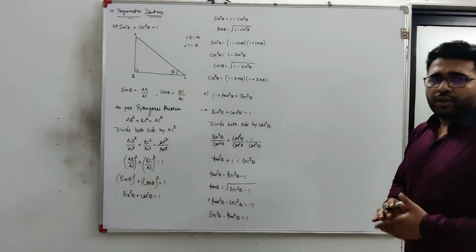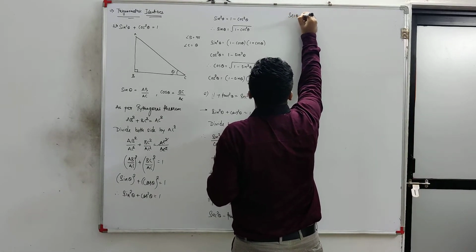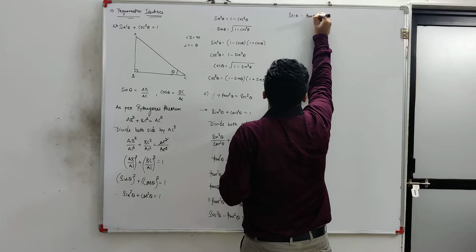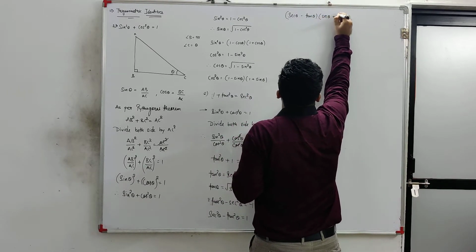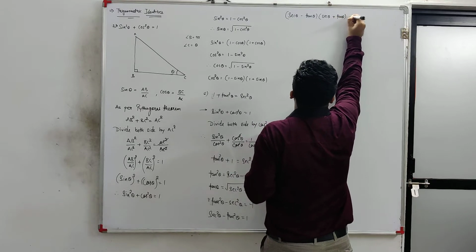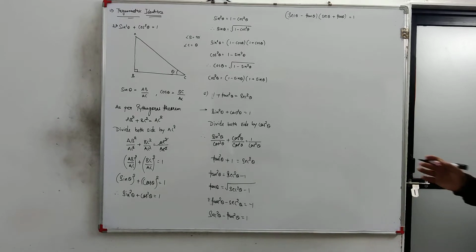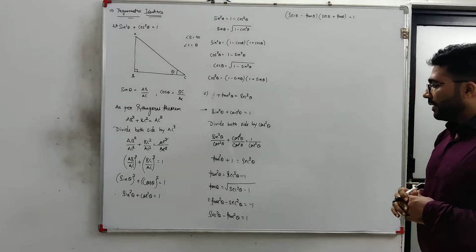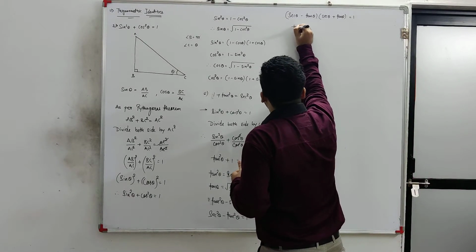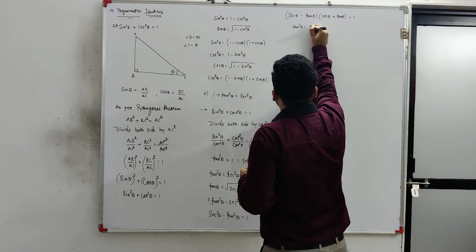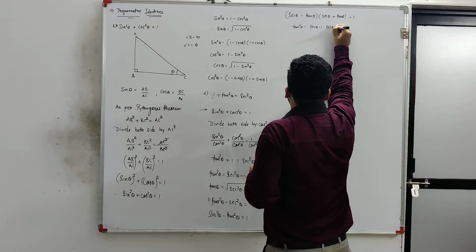Then sec theta minus tan theta into sec theta plus tan theta is equal to 1. So this is the way you can modify the identity as per your requirement. With this identity also you can write tan square theta is equal to sec theta minus 1 into sec theta plus 1.